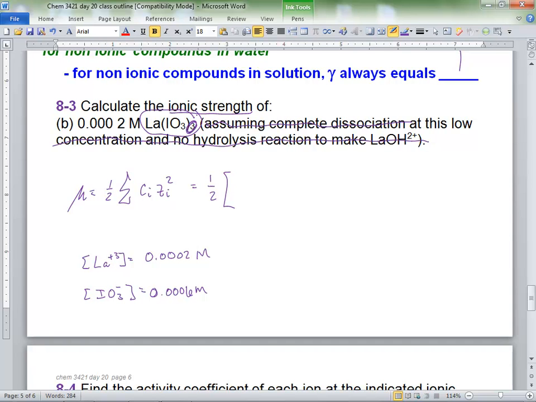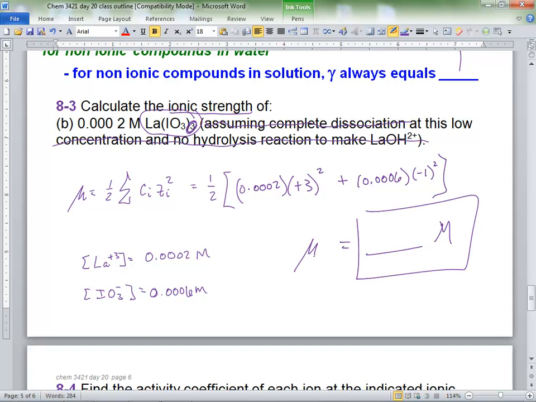So 1/2 the concentration, 0.0002, times the charge squared, plus the iodate, and then you get your answer. 0.0012? Okay. Sound good?